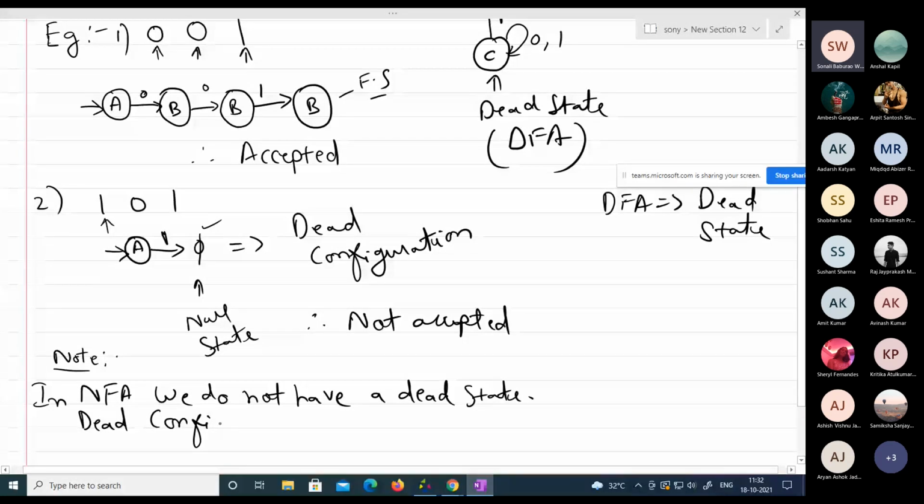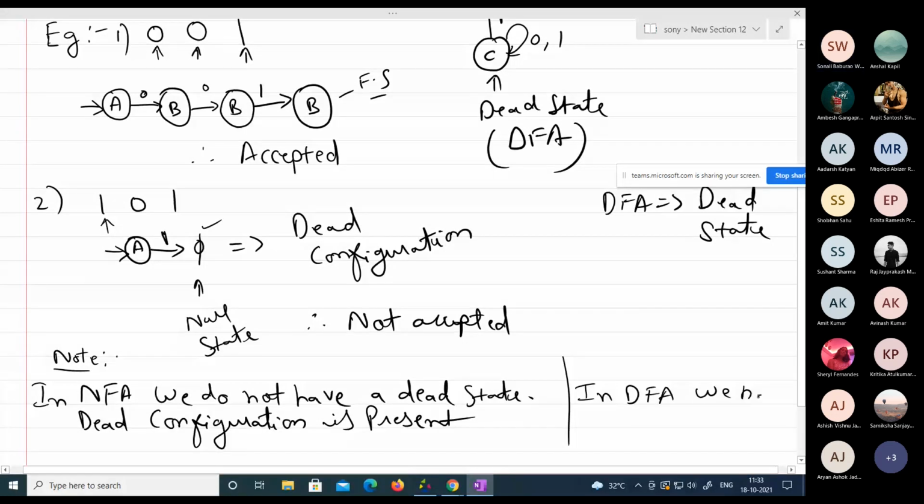Dead configuration is present in an NFA, whereas in a DFA we have a dead state. That's the difference. I hope this is clear. And one more thing to remember is that this dead state is also called a trap state.